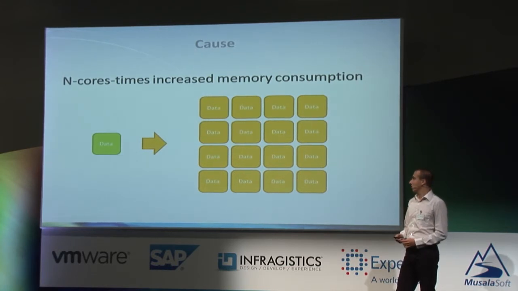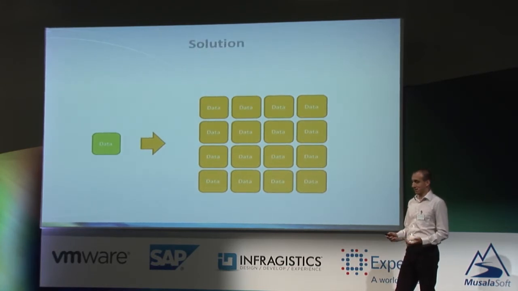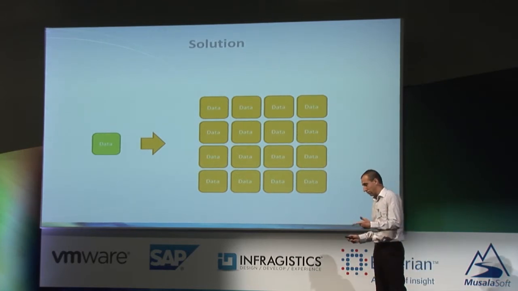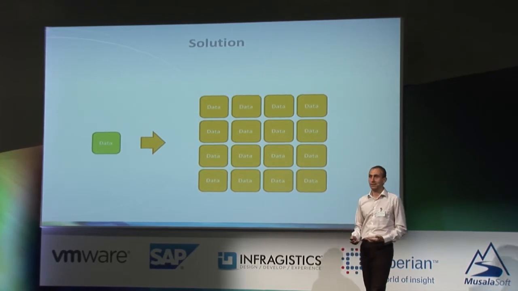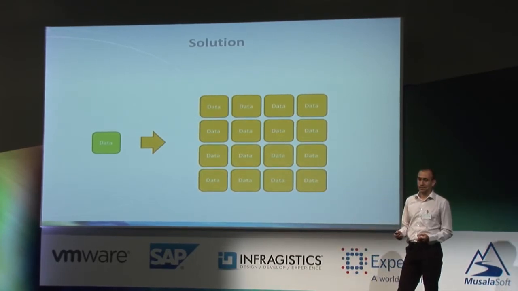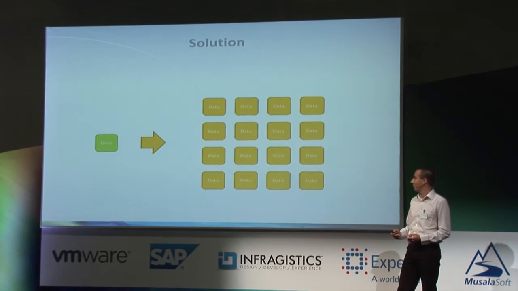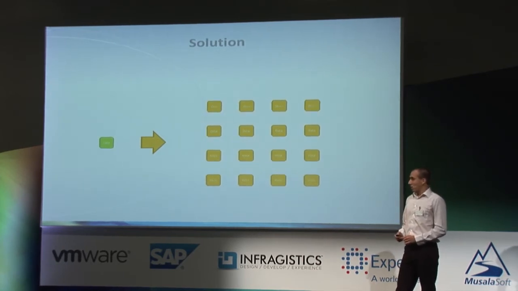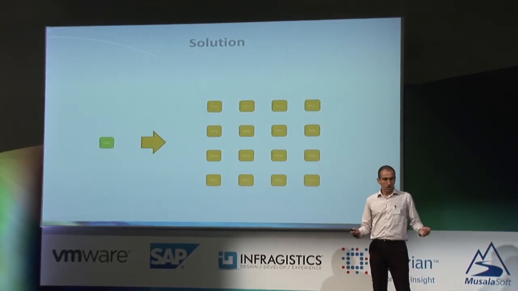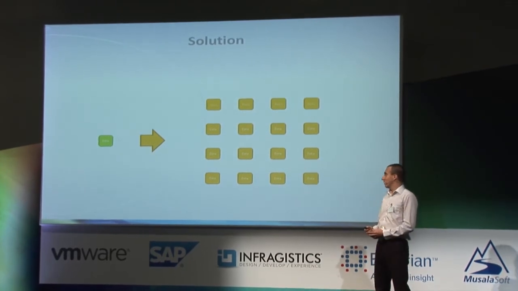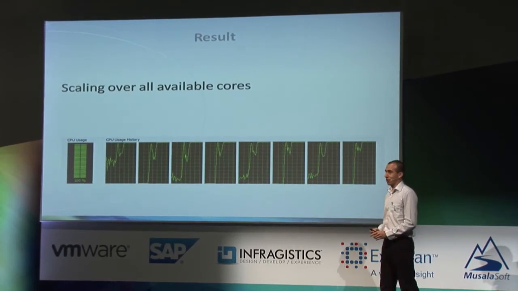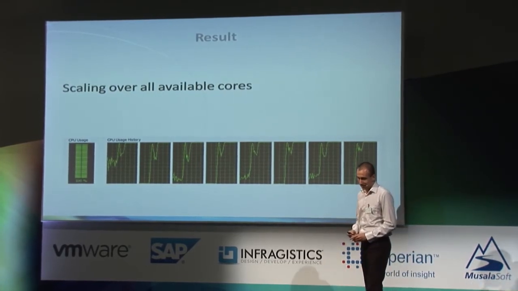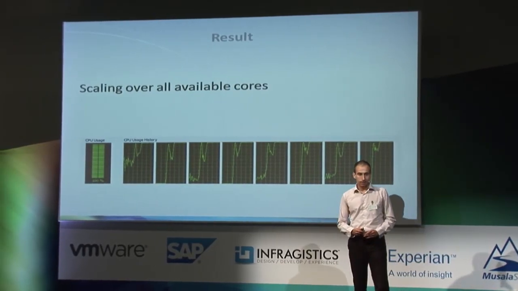So during the whole development of the application, when we are using such an approach, you should always have in mind to keep the data in the data object as small as possible. Solving this allows us to finally scale over all available cores of the machine. We get great scalability.